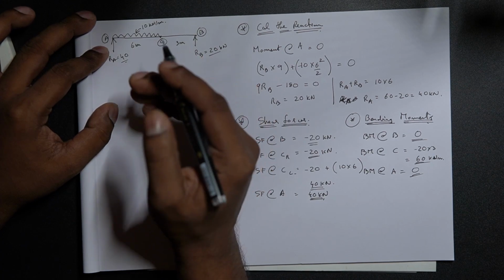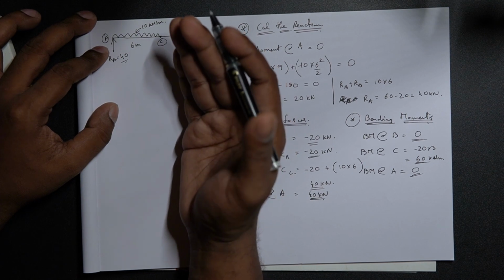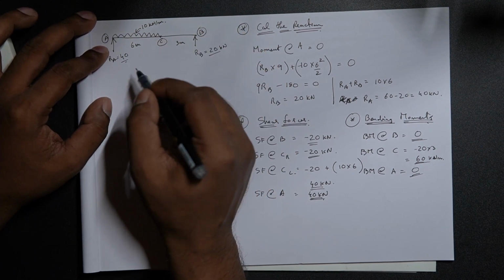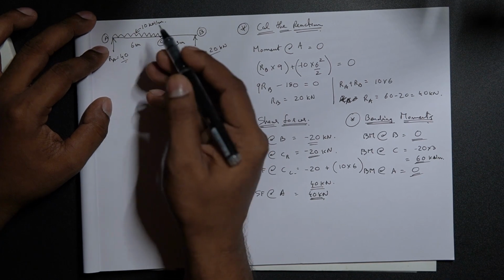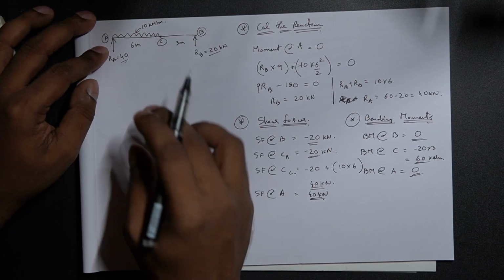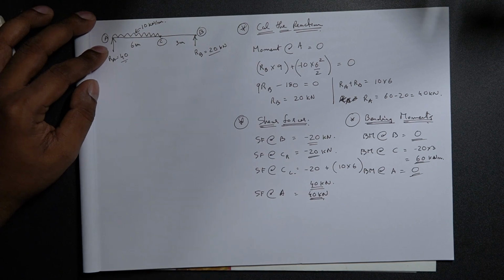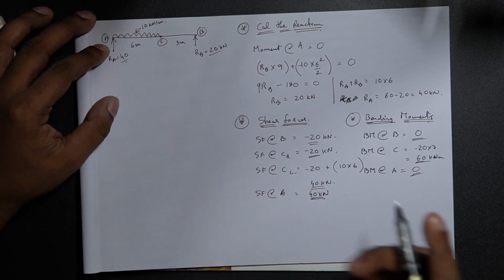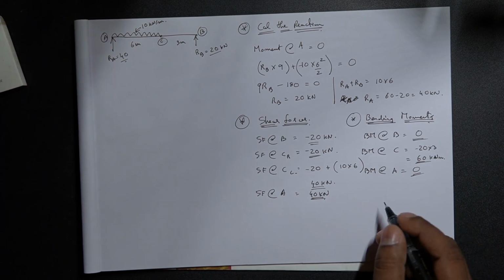If we can identify that point, we can show where exactly the maximum moment happens in our shear force and bending moment diagrams. So let's calculate the maximum bending moment.